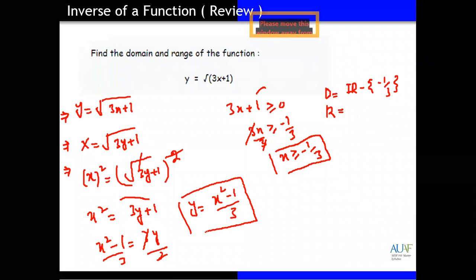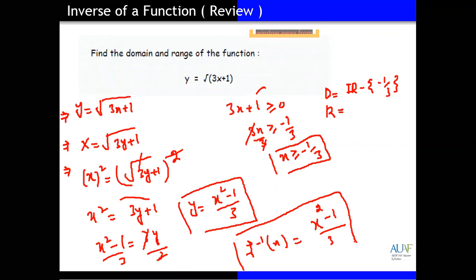Now this one is the inverse function, or you can write it as f inverse of x equal to x squared minus 1 divided by 3, the inverse function. Now if you find the domain of this inverse function, that will be the range of the main function.